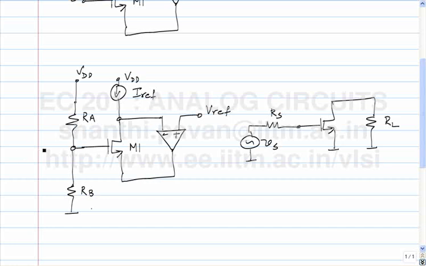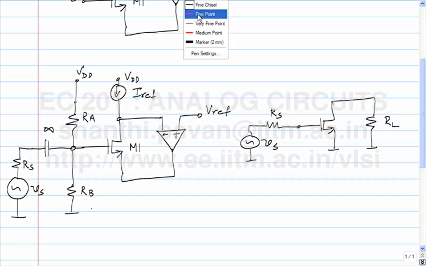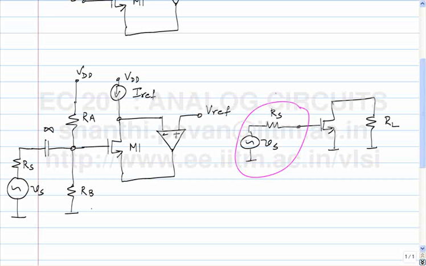We need to add VS and RS. So what do we do? Infinite capacitor and VS RS. That takes care of this part. Now the next thing to do is to take care of RL.